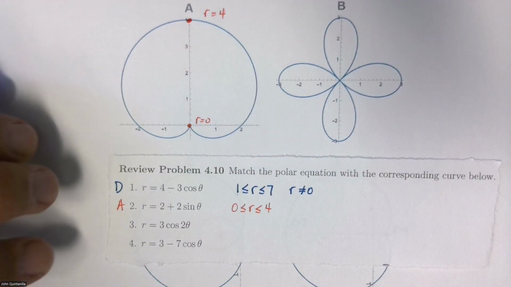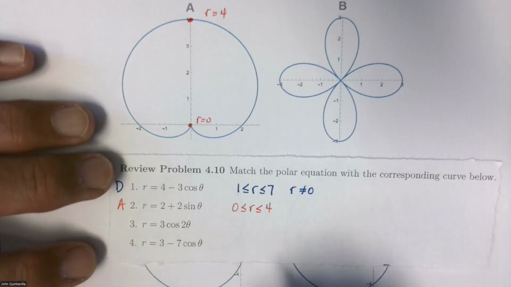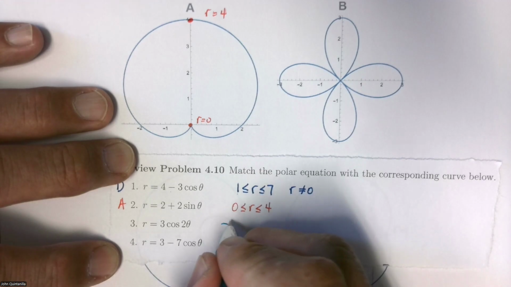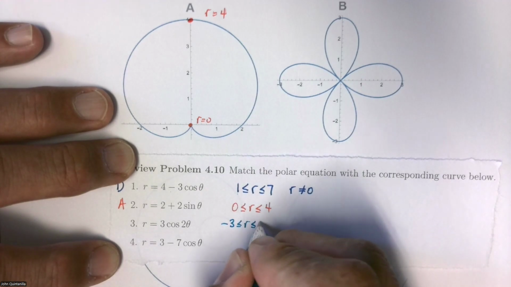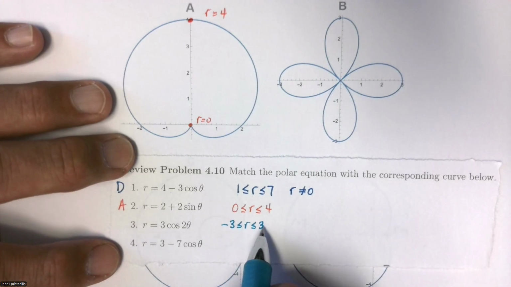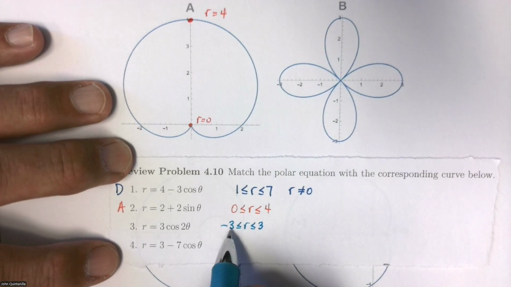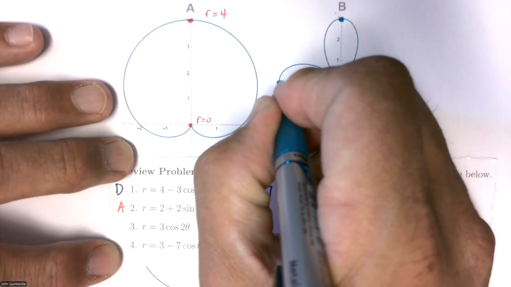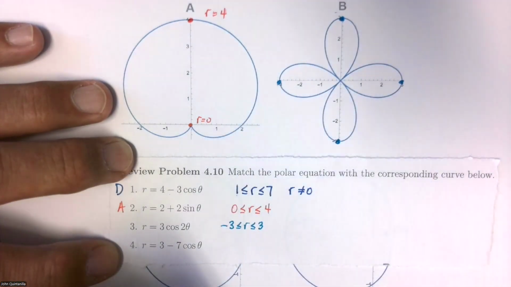Okay, for 3, I see that r is 3 cosine 2 theta, so the values of r are between -3 and 3. I could be 3 away from the origin positive or 3 away from the origin negative. Those are my extremes. And I see that these points here that I'm marking are all 3 away from the origin.